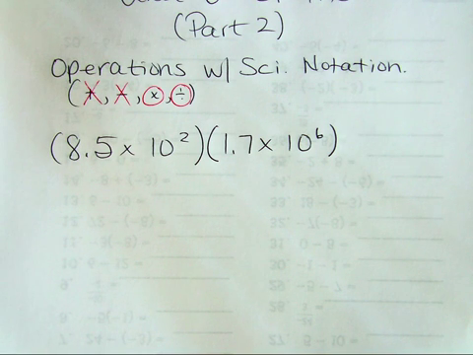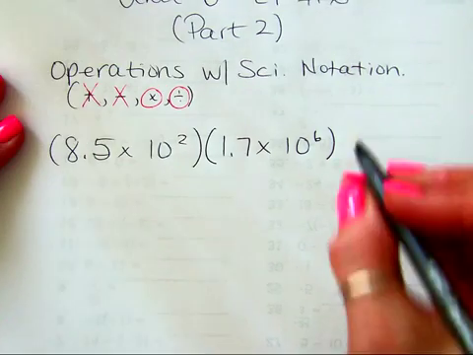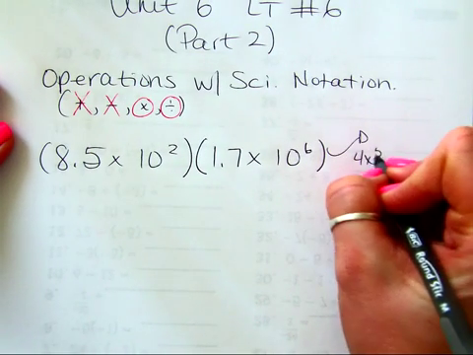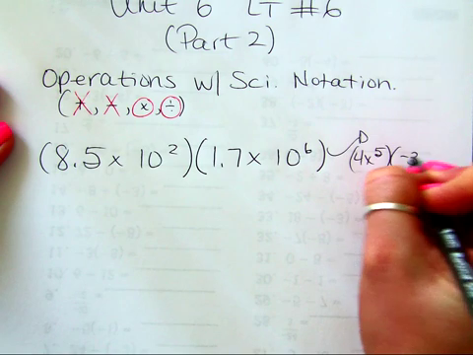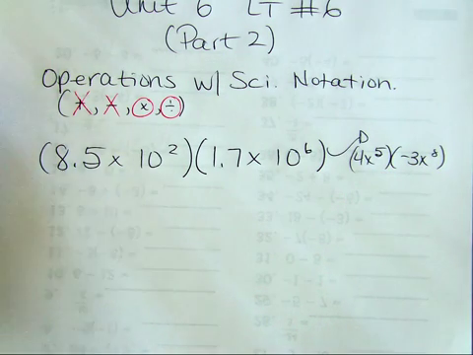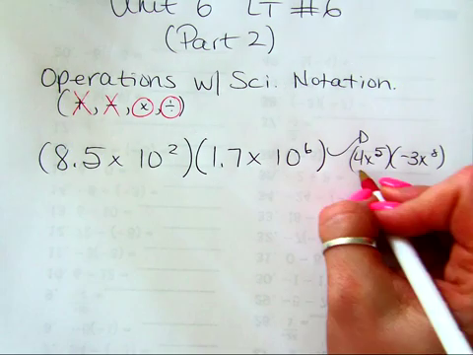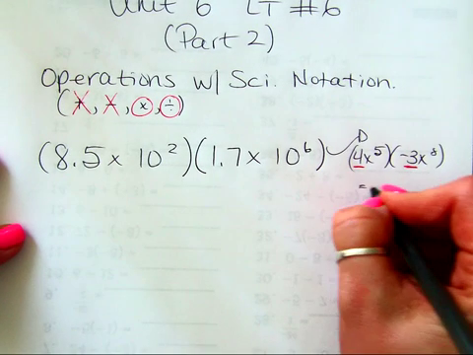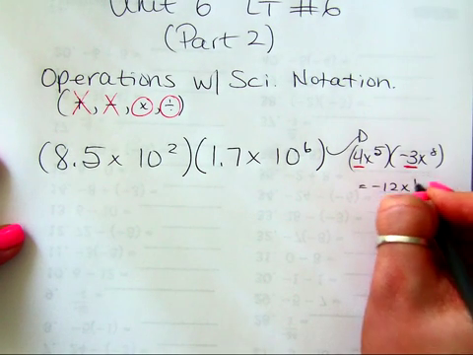Now, we've seen and done something very similar to this before, like off to the side here. If I gave you 4x to the 5th times negative 3x to the 8th, you know what to do with that. You multiplied the coefficients and you added the exponents, right? So you told me that this answer was negative 12x to the 13th.